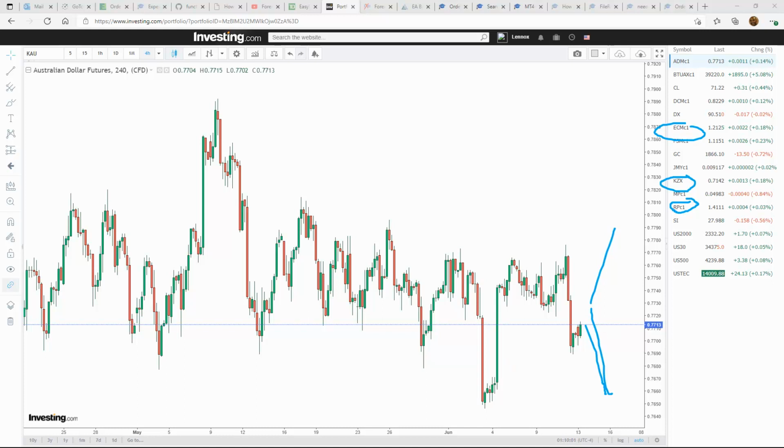It would also produce strength in the USD CAD, USD Swiss, and USD Japanese yen. All right, so I hope that's making sense.